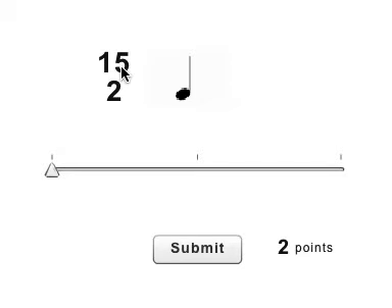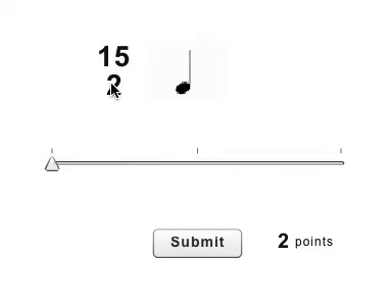It's still compound, but to answer this problem of how many beats does this note get in this meter 15/2, we look at the bottom number, and the bottom number tells us that 3 half notes get the beat. If 3 half notes get the beat, 1 half note gets a third of the beat, and a quarter note is half of that, so that gets 1/6 of the beat.